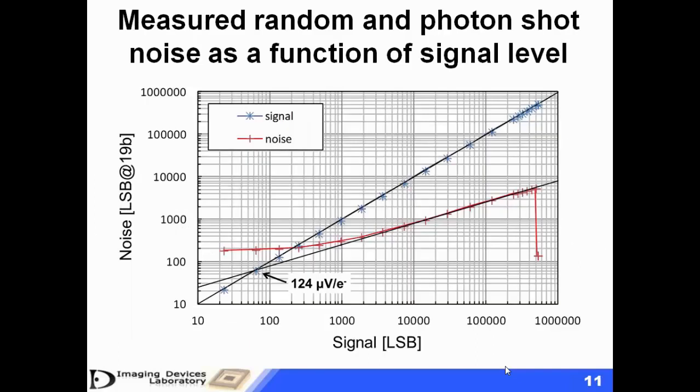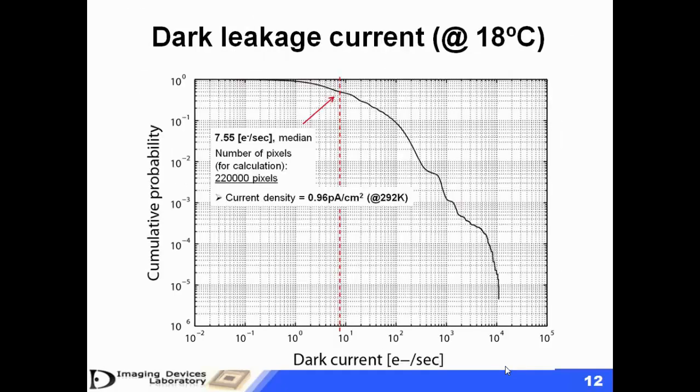And this is a measure of the random and temporal noise as a function of the signal level. As can be seen from this result, our sensor's conversion gain is 124 microvolts per electron. It's enough for achieving a large signal. This slide shows the dark leakage current.